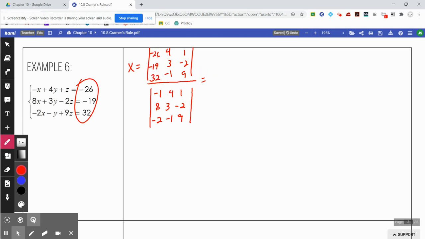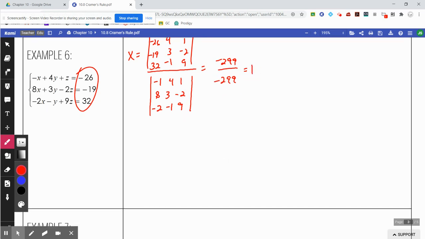That's going to give you two determinants of negative 299 and negative 299. So my x value is 1. My y value, again, the bottom is going to be still that negative 299.